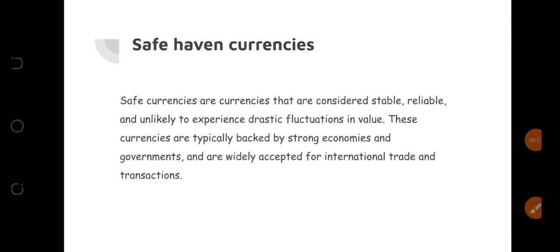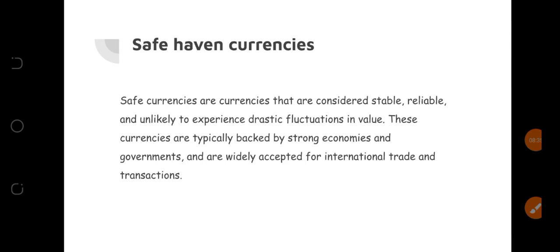Other than that, there are what we call safe haven currencies. Safe haven currencies are currencies that are considered stable and reliable, and they are unlikely to experience drastic fluctuations in value.